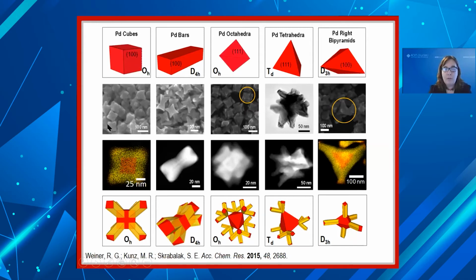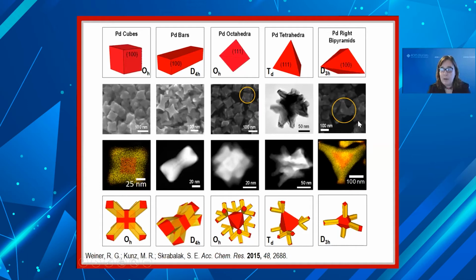And in the first 4 cases, where we're growing off of single crystalline seeds, all of the branches are proceeding along the 1-1-1 directions. So the branches are emerging from the vertices of our seeds. There's a slight variation with the right bipyramids.